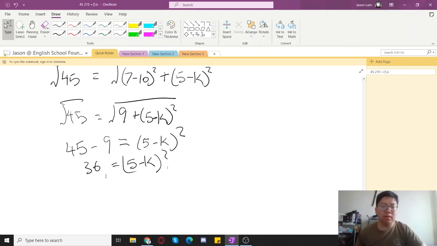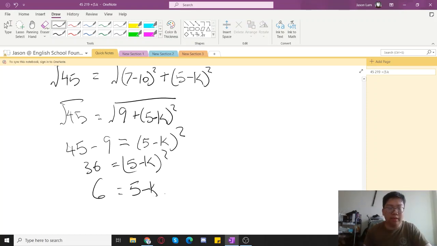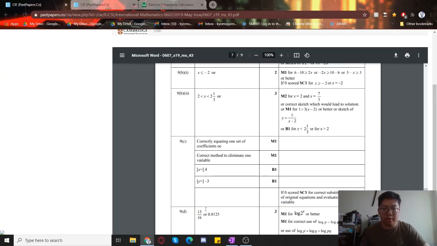So this is obviously going to be plus or minus 6. K is obviously going to be some form of plus or minus 6, but we don't know for sure, so let's just say for now, 6 is equal to 5 minus k. But we assume that it's going to be as follows. So k is going to be equal to 5 minus 6, which is minus 1. And we can check that.